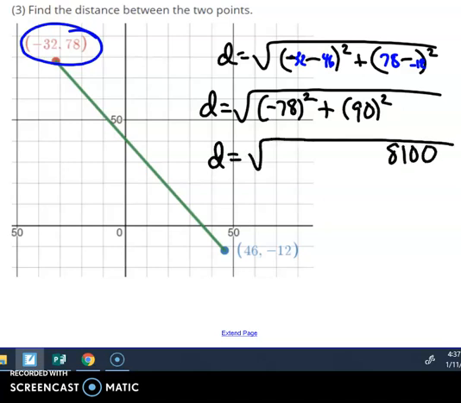So 90 squared is 8,100, since 9 squared is 81. And the negative 78 squared is 6,084.